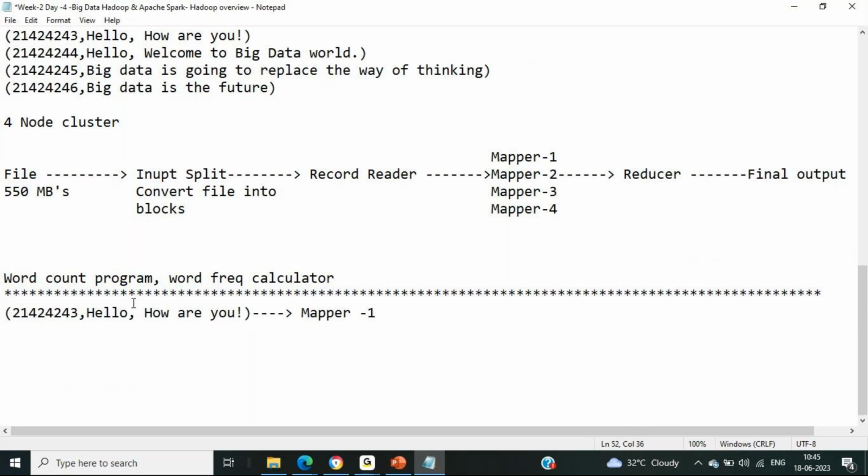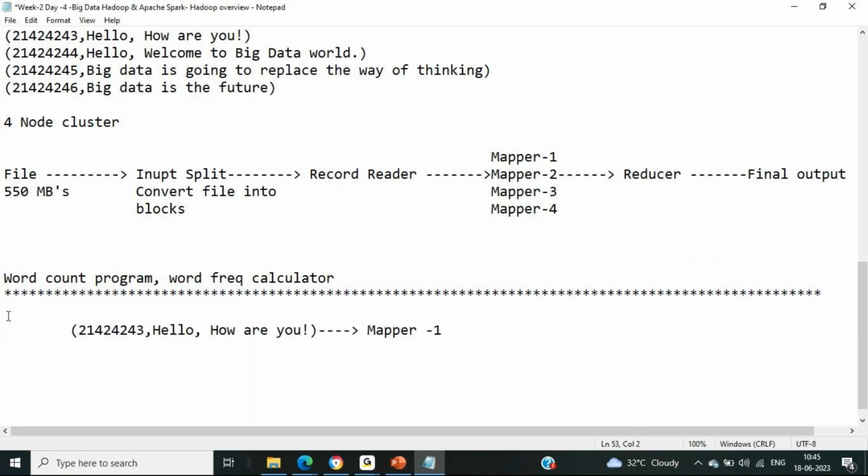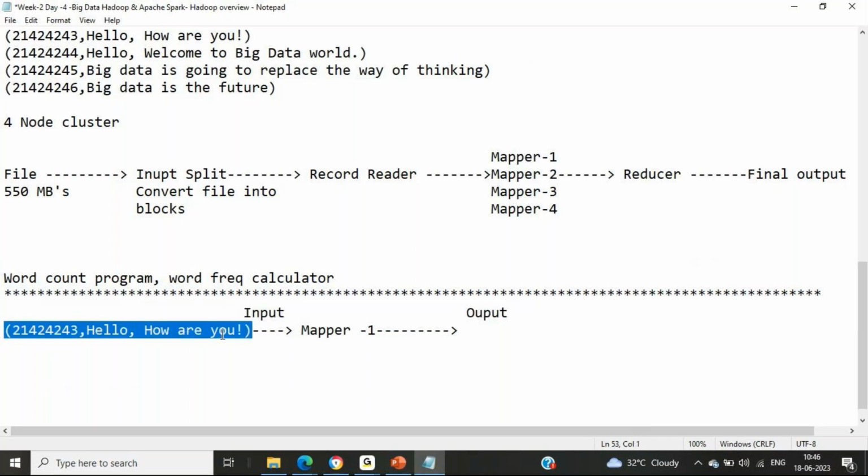Let's mention the input to mapper 1, and what will be the output? For the output I need to write down the logic. So what I can do over here, I can discard this particular random number, which was there in order to have the input in key and value pair.